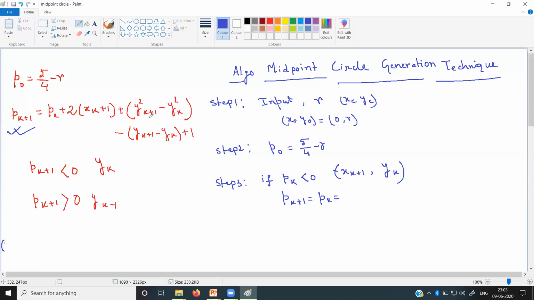So if the y coordinate is yk, I will replace this y of k plus 1 by yk. So it will be y square k minus y square k, which gets cancelled, and this yk minus yk will also get cancelled.